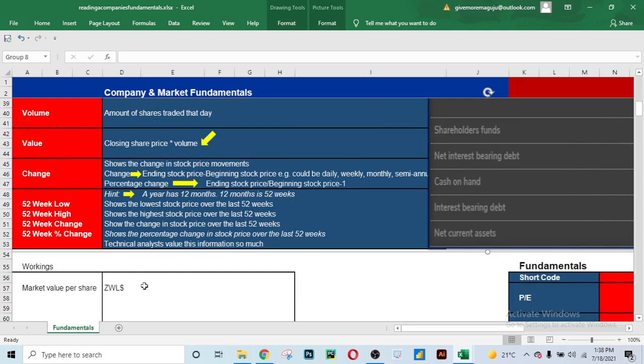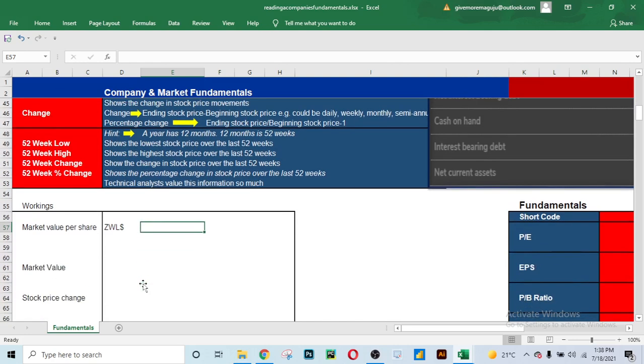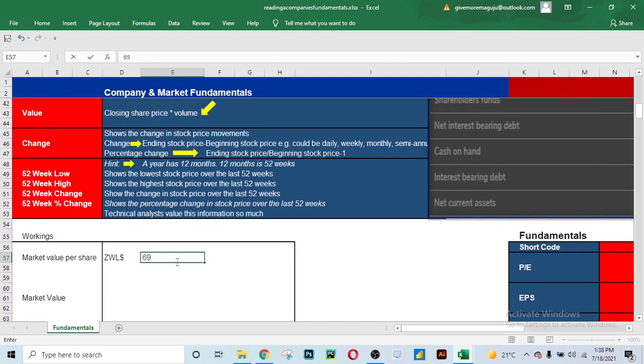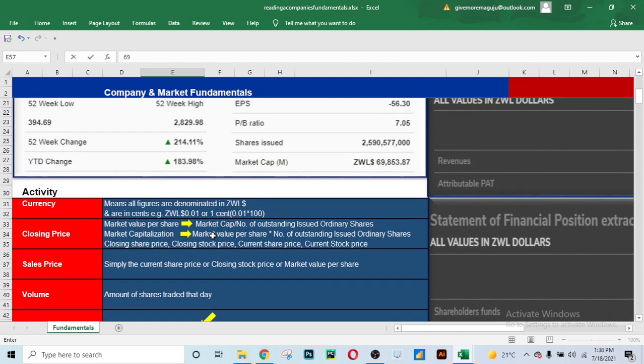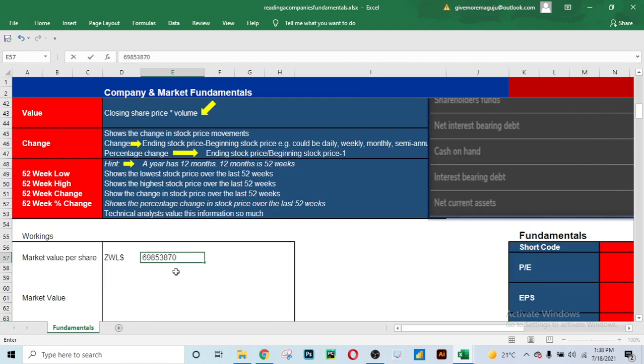What we are going to do right now is say 69,853,870. Why did I say 870? I've just multiplied it by 1000 because this number is in millions, and I just don't want to confuse myself.